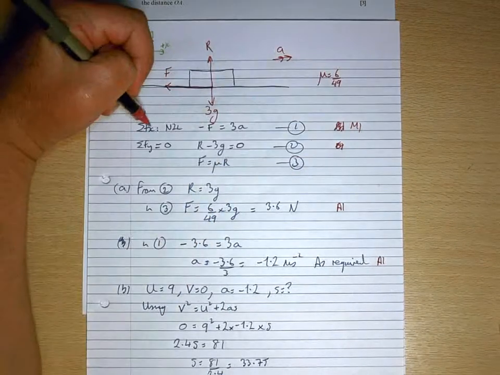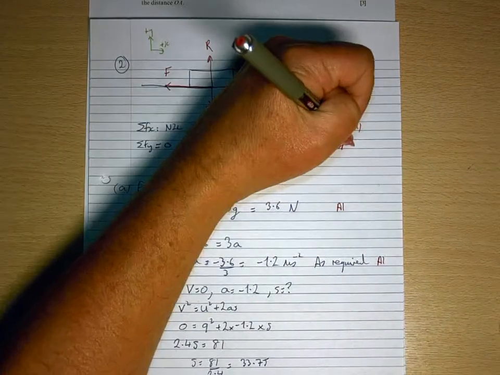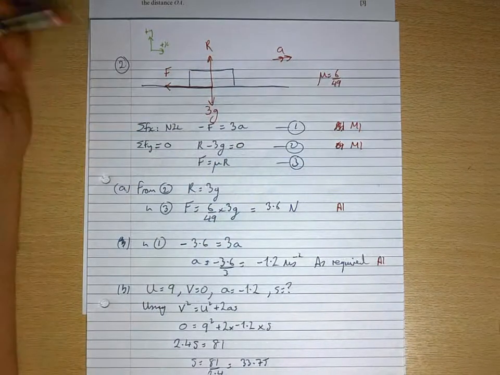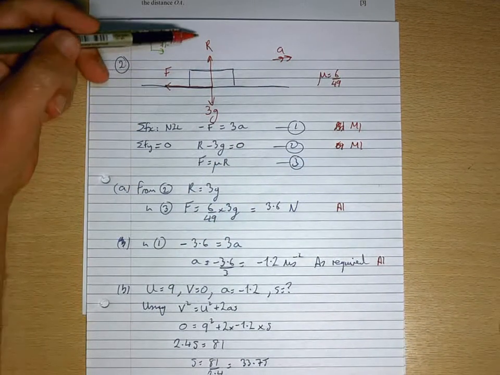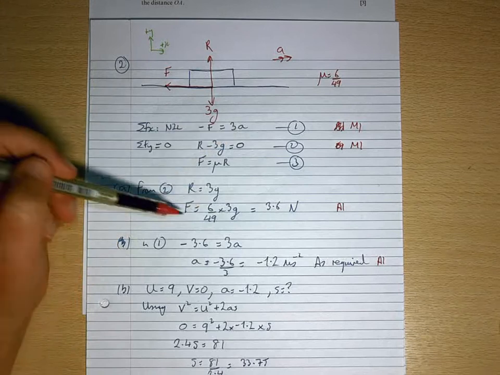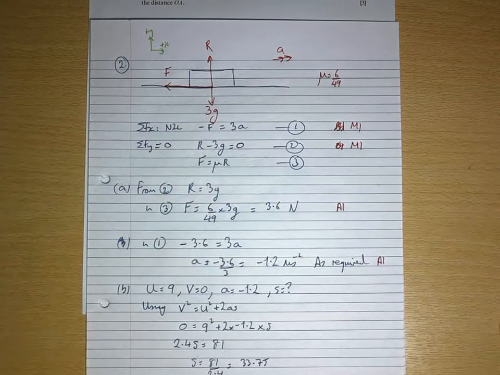So a method mark for resolving correctly Newton's second law, a method mark for resolving correctly the equilibrium forces in the y-plane, an answer mark for each of those 2. So that's how those 4 marks would be distributed.